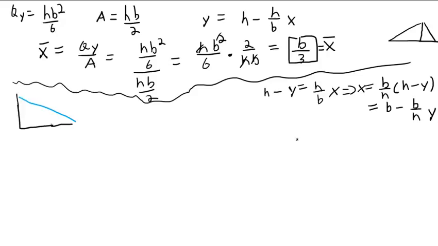Yeah, that sounds about right. So this is x equals b minus b over h y.